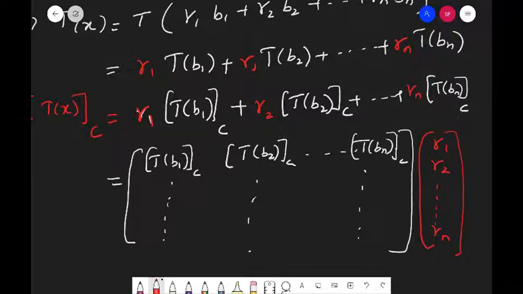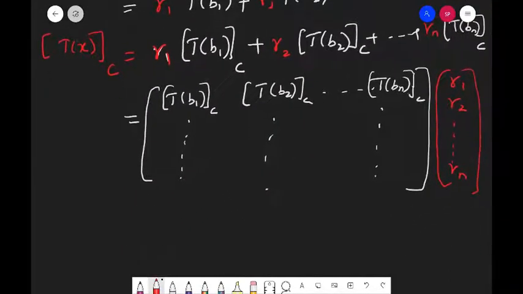You can observe this product gives the coordinate vector of T of x with respect to C.